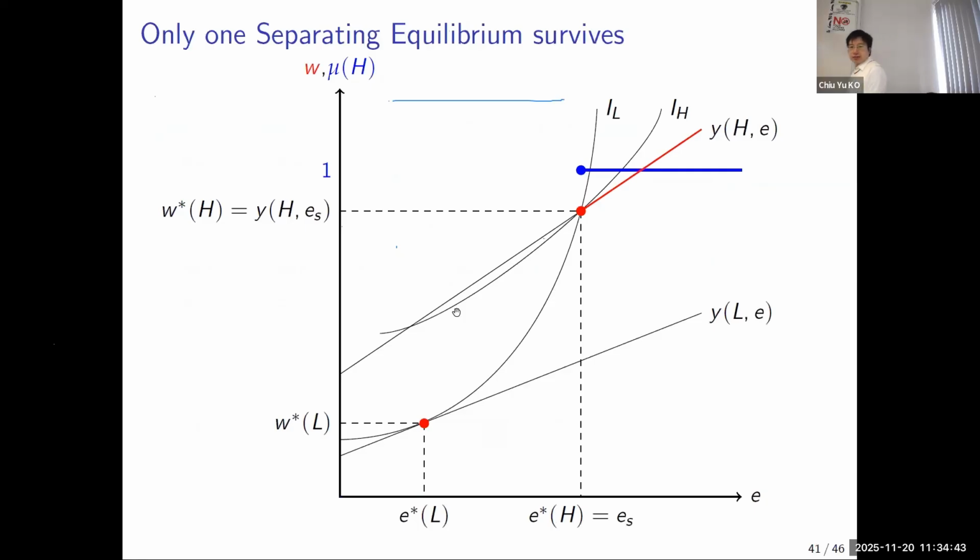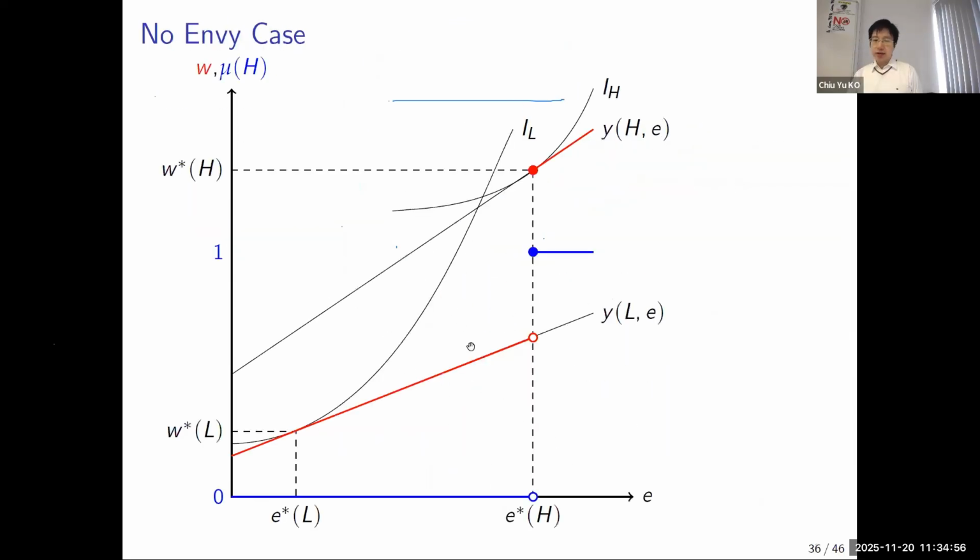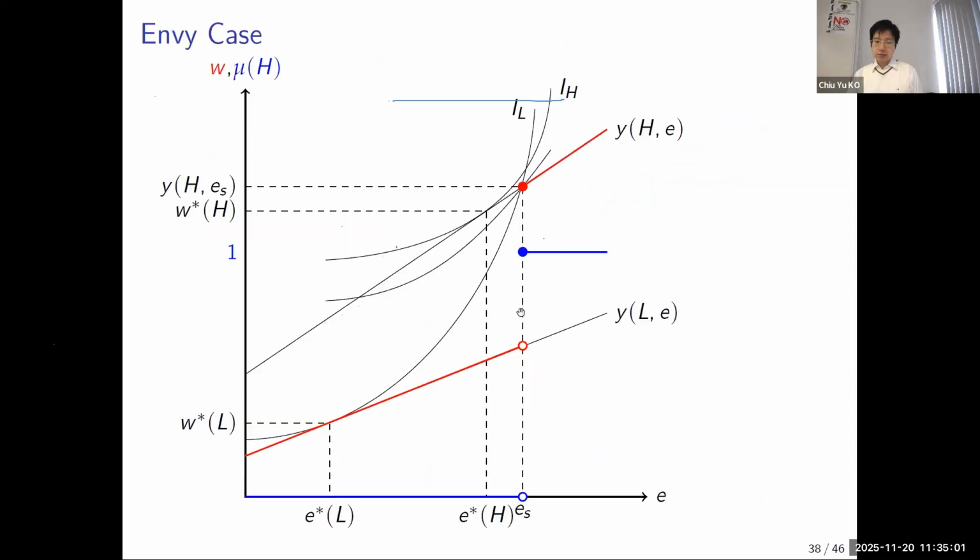So we argue that this is only possible. Why? Suppose this case compared to this one, we already know there's no problem for this one. But here we are saying that the worker would believe that he is going to send here.